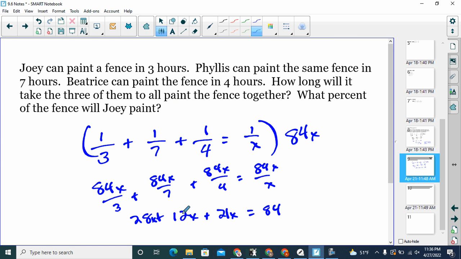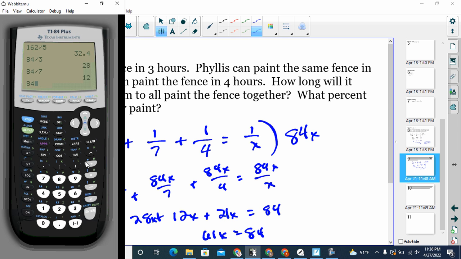So 28 and 12, that's 40. 61x is 84. So x is 84 over 61, or 1.377, 1.38 hours.